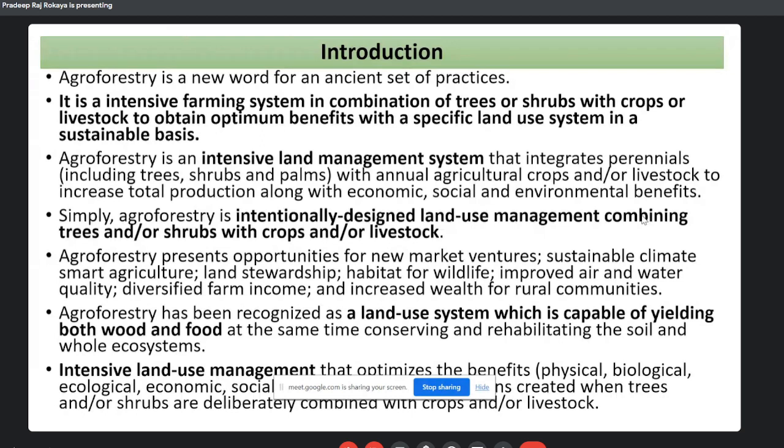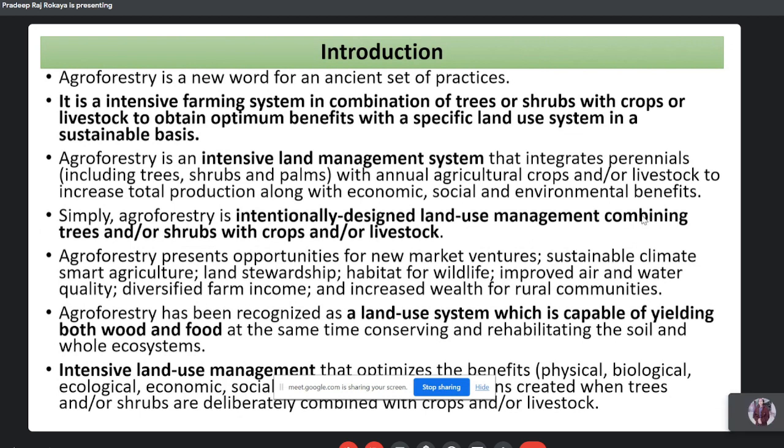We use trees, crops and livestock very intensively in a particular field to obtain maximum or optimum benefit from a specific land use system on a sustainable basis. There are four clauses here. One, agroforestry is an intensive farming system.